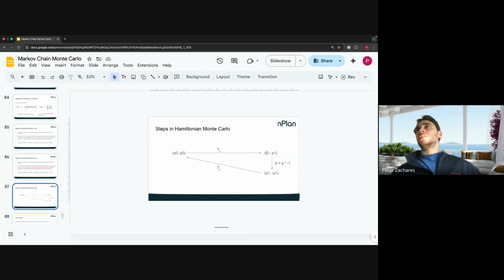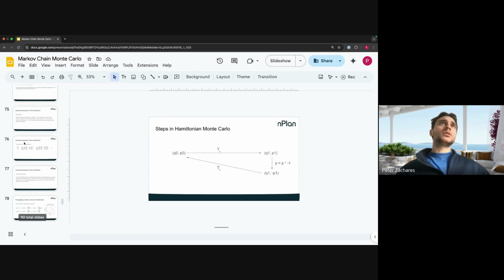And then you have this new point Q1, P1. If you just negate the momentum variable, so you multiply it by -1, and you apply the same mapping, you'll get back to Q naught, P naught. So that shows how this is reversible. How you can go from where you were exactly back to where you were before. So it's reversible.